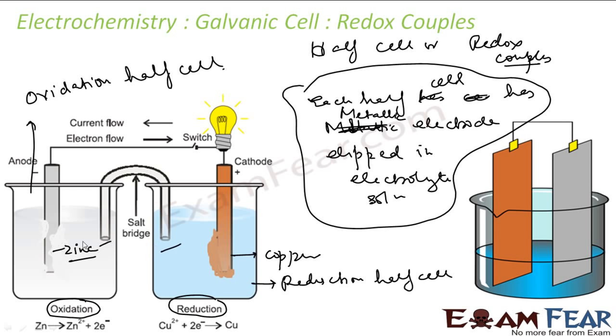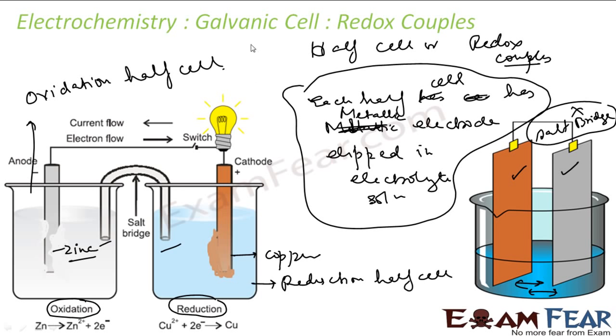In the case where both metallic electrodes are dipped in the same solution, the salt bridge is not required, because the ions can pass and it will be neutral anyway.